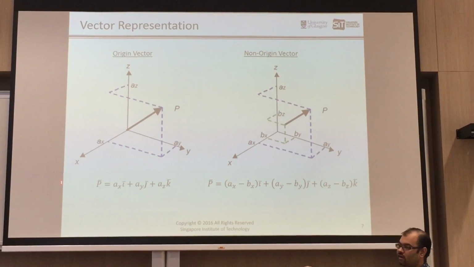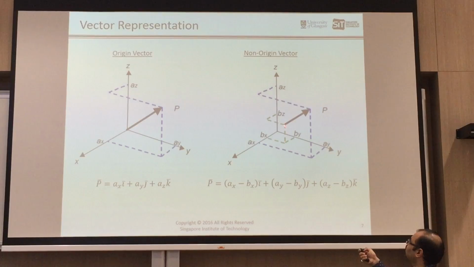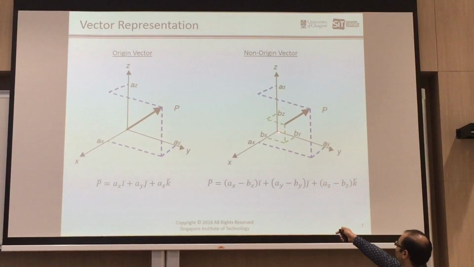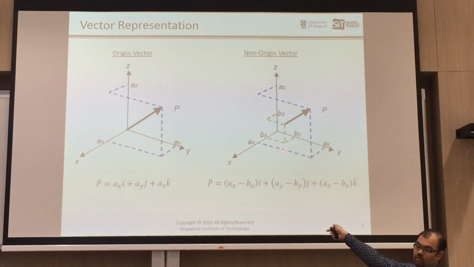This is how you define your position vector. Again, if your origin is not at the so-called ground or the 0, 0, 0 location, you may need to do some offset. Right? So from here to here, actually, what you have is P from here to here, and you're actually subtracting off this offset.